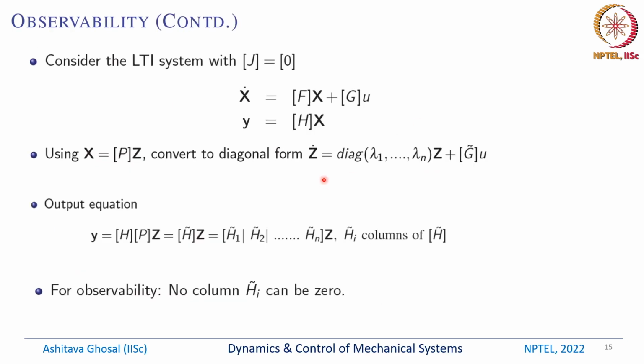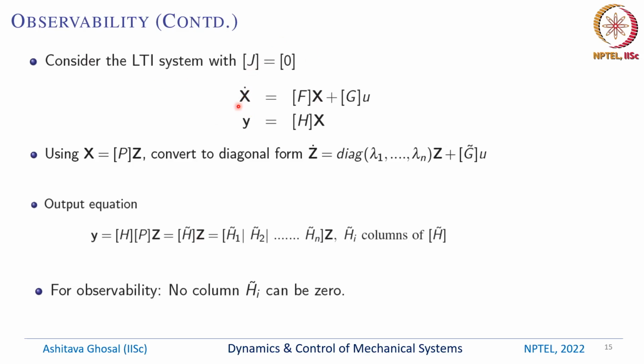So before we go into the formal way of approaching observability, let's quickly see under what conditions a system is not observable. Okay, so we will take some simple cases. First, we look at an LTI system, linear time invariant system, with J equals 0.